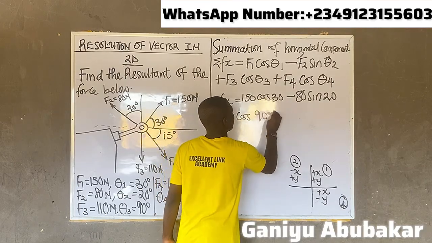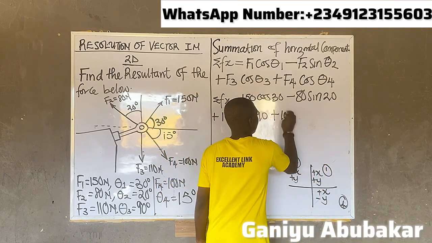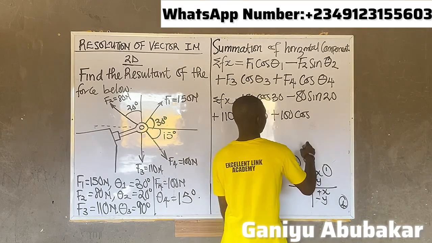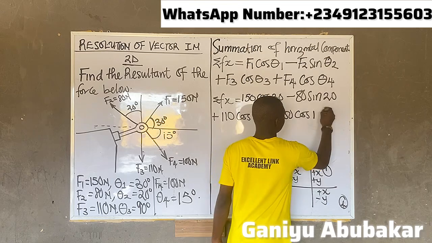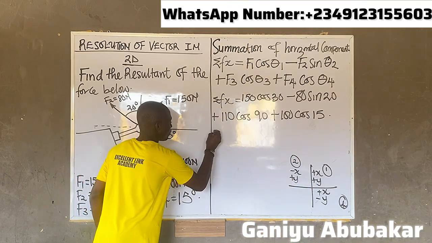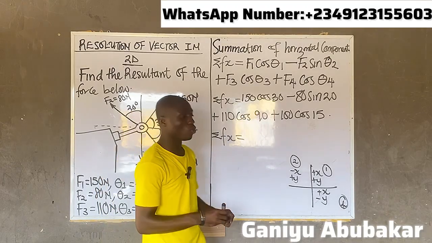Next up, plus F4 gives about 100 Newton, 100 cos theta 4 is 15. Punch these values and so we get summation F of x is equal to 150 cos 30.